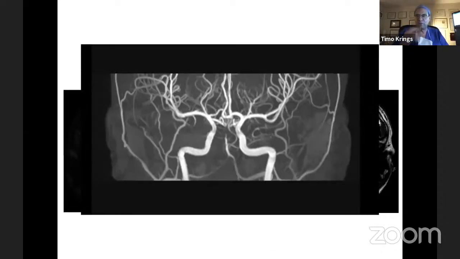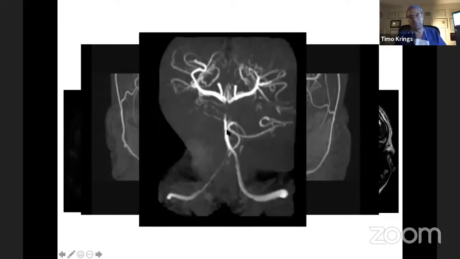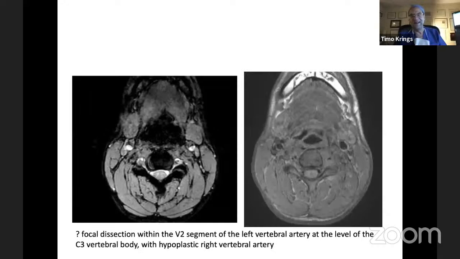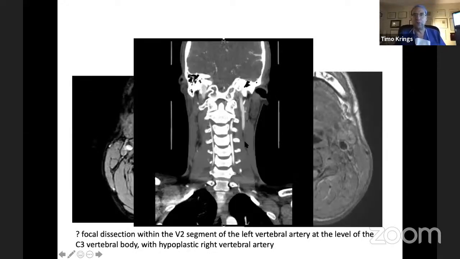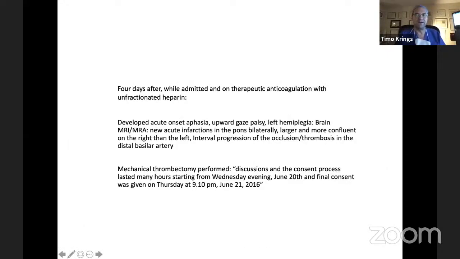However, what we saw on imaging was that in this case the lesion was way more significant than the area of ischemia. So we believed that this patient may benefit from us taking the clot out, because we believed that due to a focal dissection with a clot waiting to go up, the patient may deteriorate.